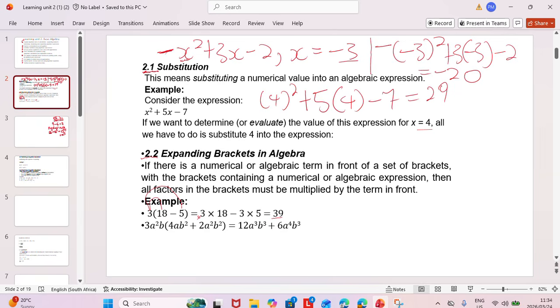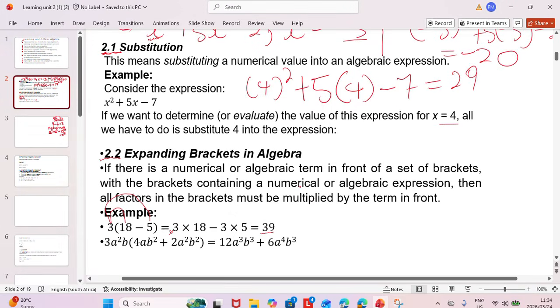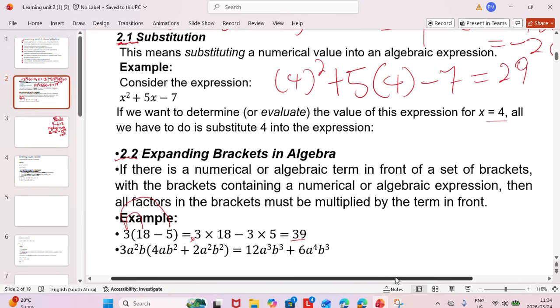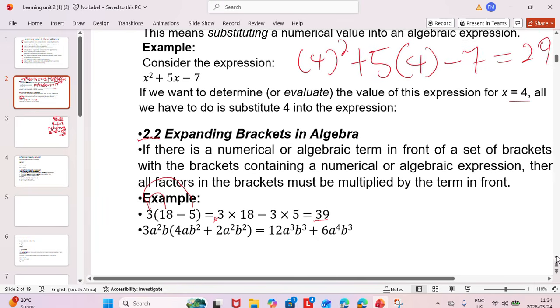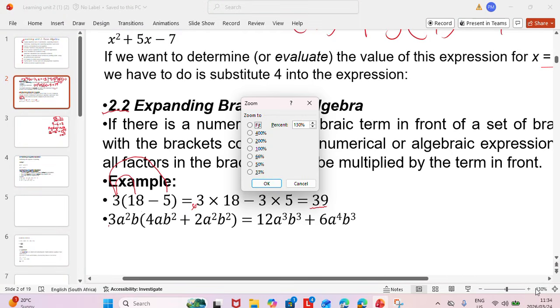So if we're going to do the second example, guys, I want you to note something very important here. Hope you can clearly see. Here what we have, 3a to the power of 2, b is to the power of invisible 1. The 1 is always there, guys.